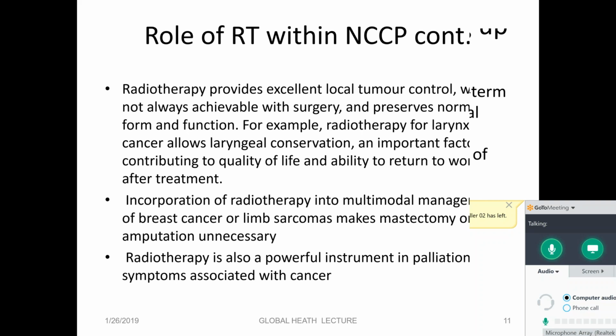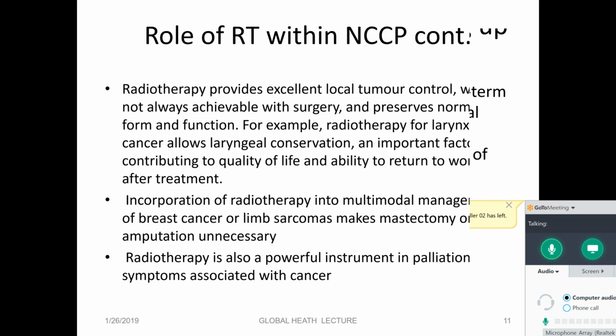Why do we think we need to set up a radiotherapy program in low and middle income countries? I'll look at Africa as an example and just share with you that currently, out of the 52 African countries, only half of these have radiotherapy services.